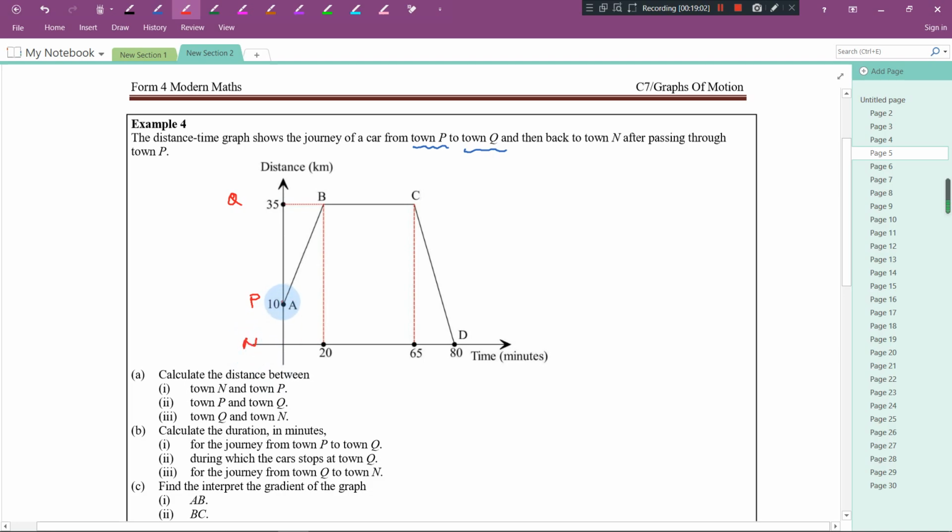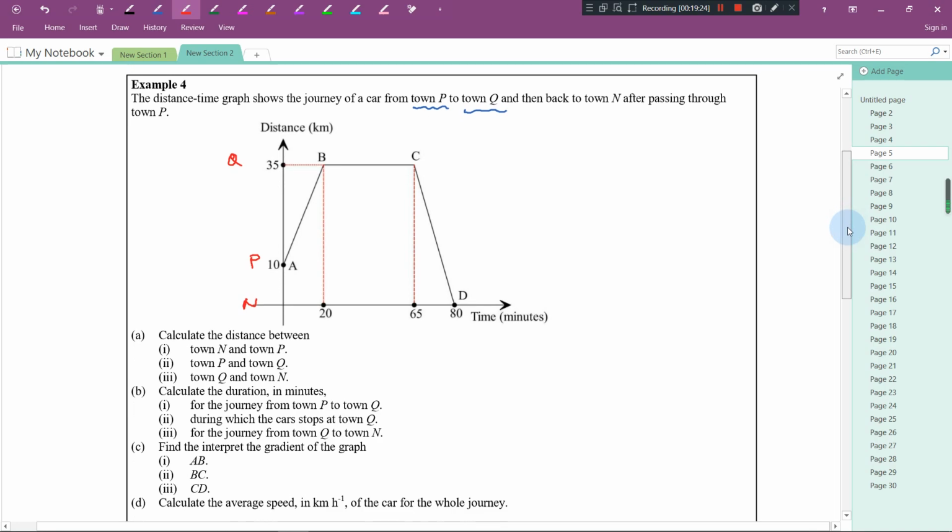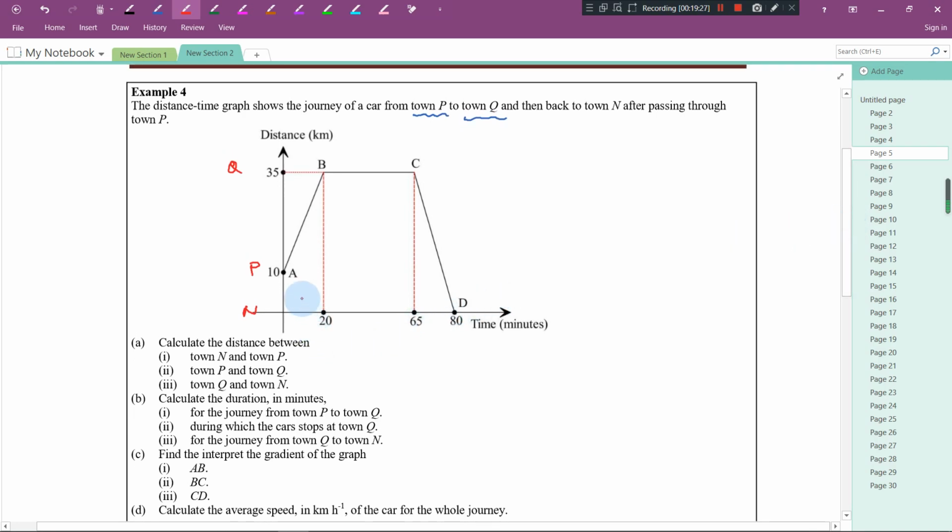From town P to town Q, and then rest there, and then back to town N after passing through town P. Okay, so the question also tells you back to town N after passing through town P. Now let's see what the questions are.